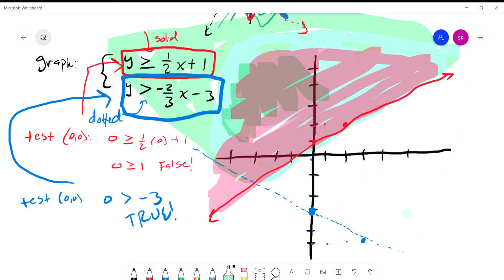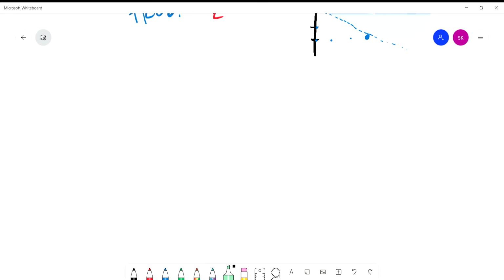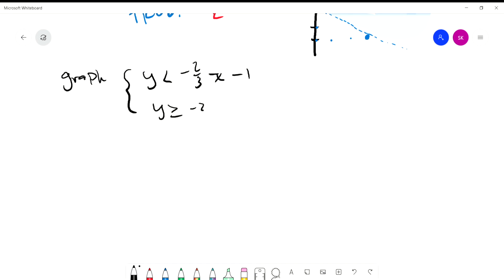There is just one other thing to look at. So let's take a look at this last system here. Oops, x. Let's go -1 here. And y is greater than or equal to -2/3 x plus 2.